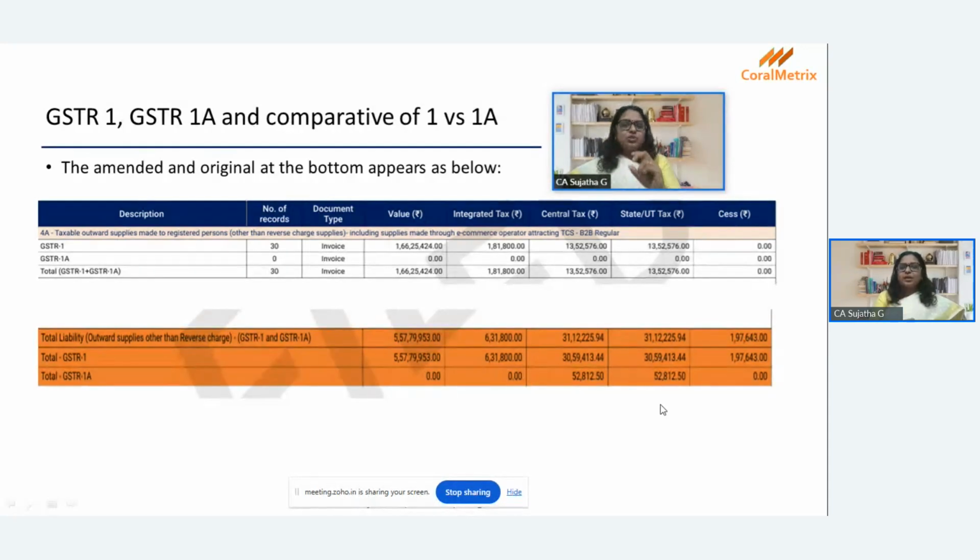Just to add on, as I said before, e-invoicing versus GSTR 1, the next reconciliation is GSTR 1 and GSTR 1A. It is very important when you want to tally the outward supply or the sales, the turnover reconciliation with books of accounts.